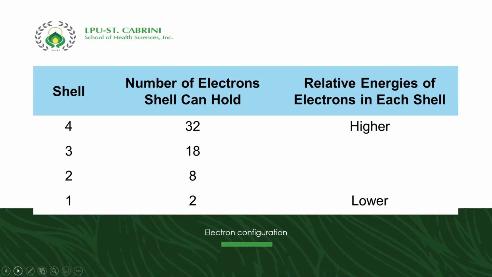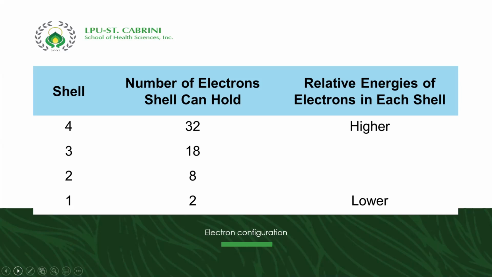Later, you will find out what I am saying. Shell 3 can contain 18 because it can hold one 3s, three 3p, and five 3d, which equals 18.